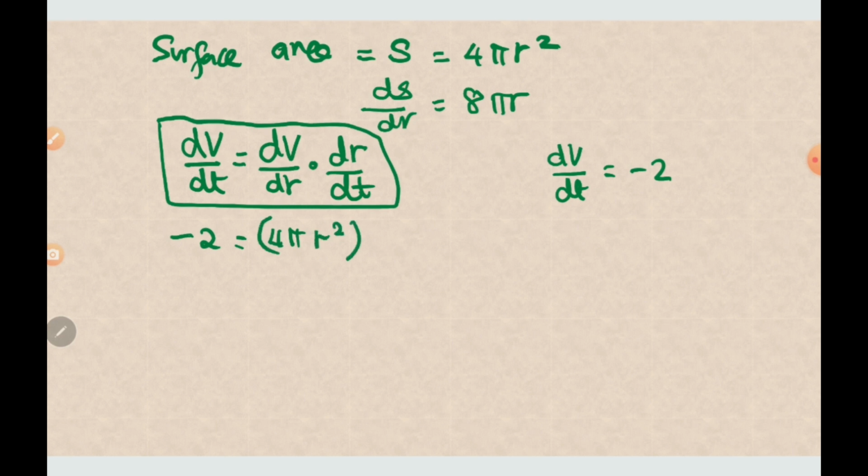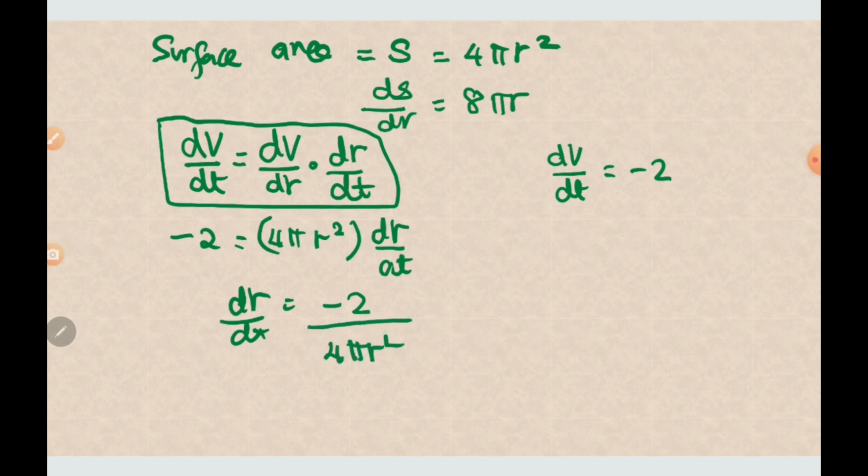We want to find dr/dt, and we solve to get dr/dt equals negative 2, you need to divide by 4 pi r squared and simplify.